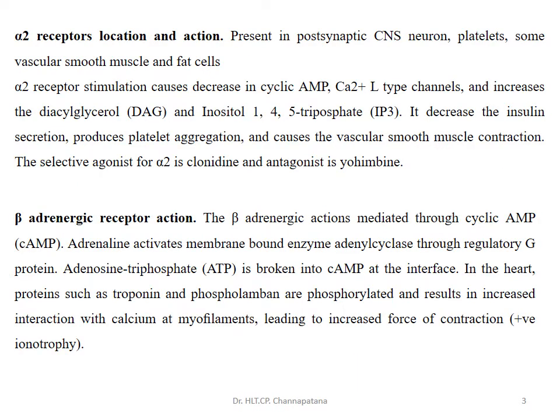Alpha 2 receptors are present in the postsynaptic CNS neuron, in platelets, and in some vascular smooth muscle and fat cells.